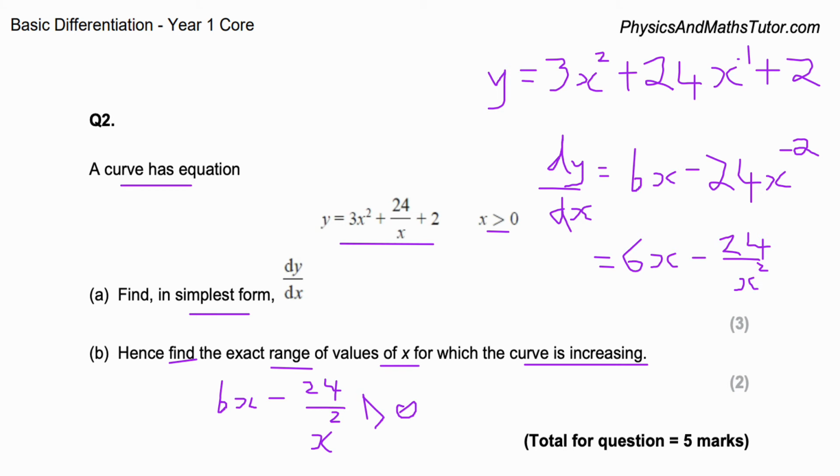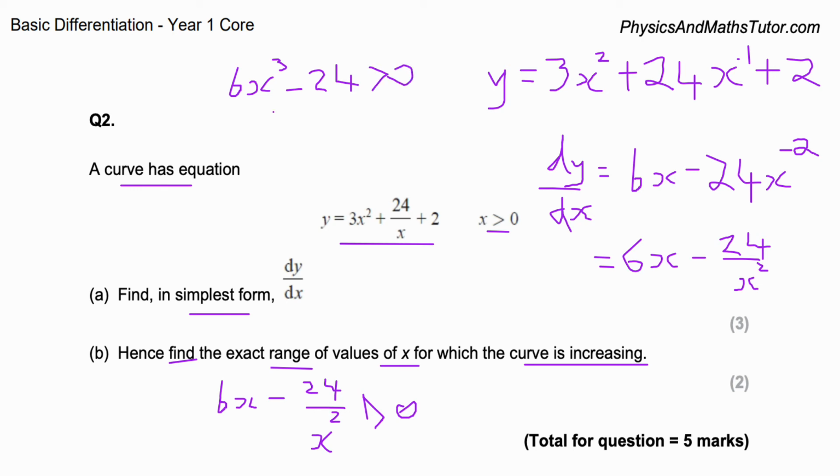So if I times everything by x squared, I'm going to get 6x cubed, take away 24, and that's going to be strictly greater than 0.